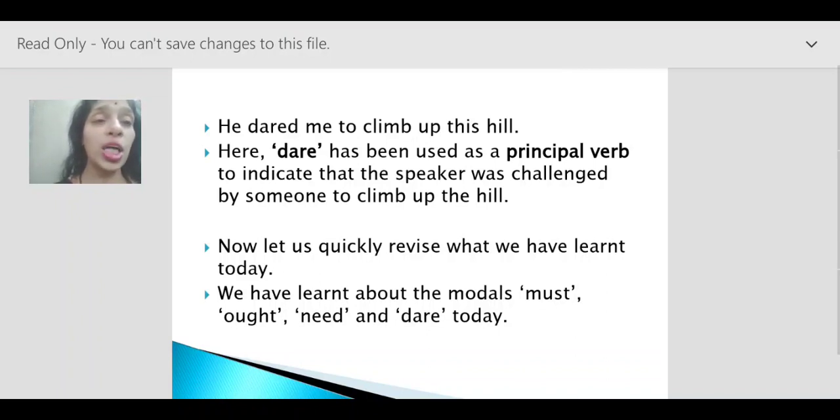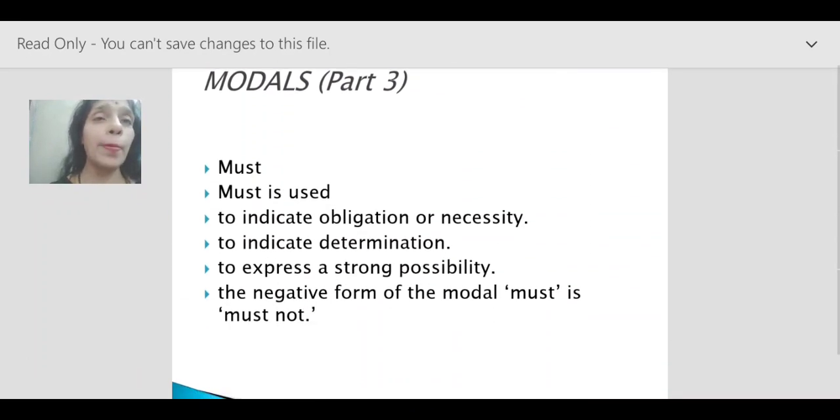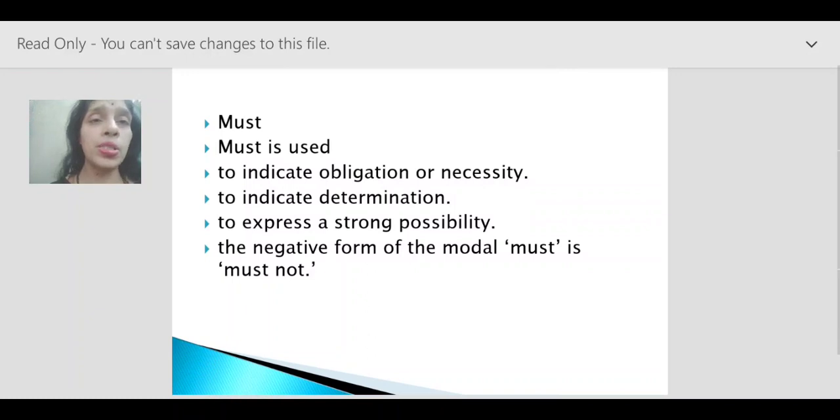We have learned about the modals must, ought, need, and dare today. Recapitulation. Must. Must is used to indicate obligation or necessity, to indicate determination, to express a strong possibility.